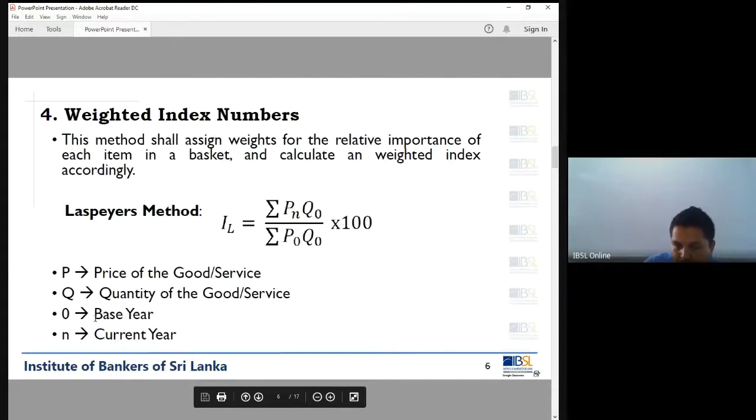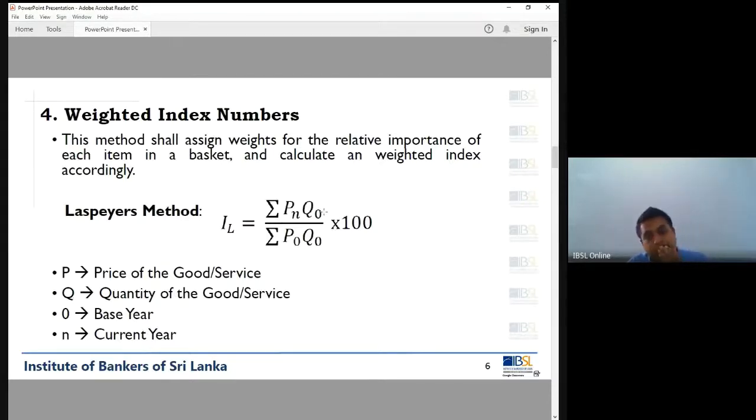Q0 means the quantity of the goods in the base year, not the current year. Zero stands for the base year. Go to the denominator: P0 is the price of items in the base year, and Q0 is the quantity of items in the base year.